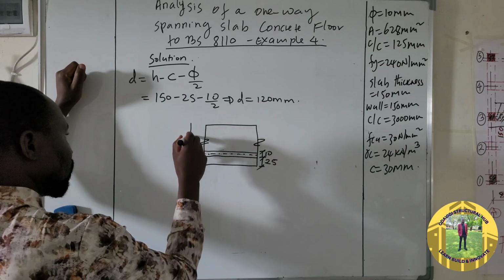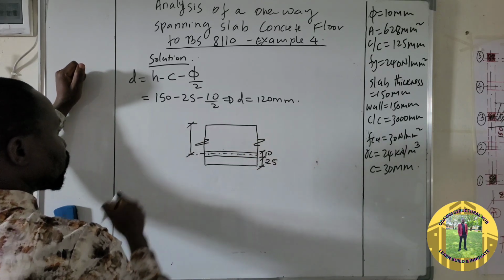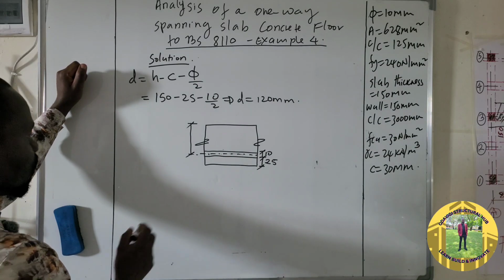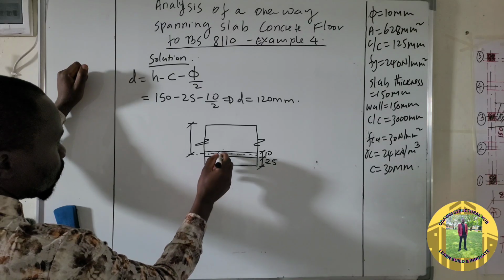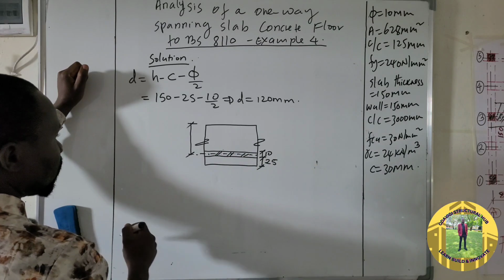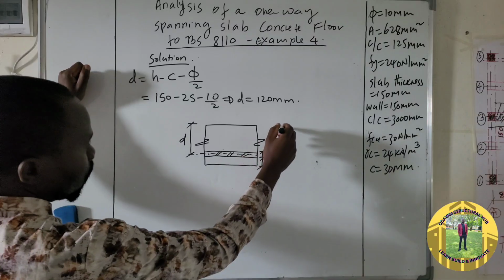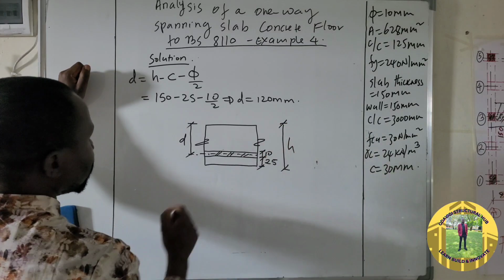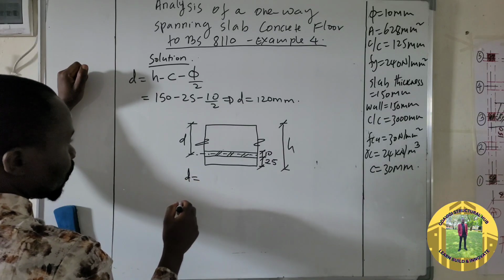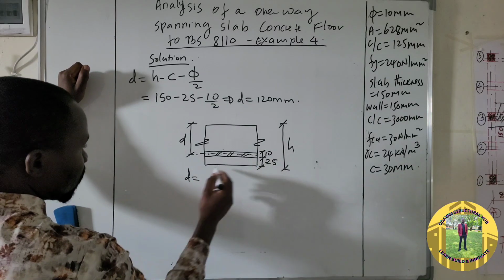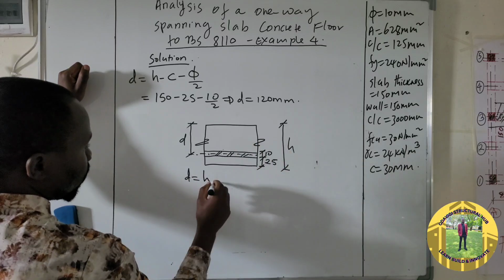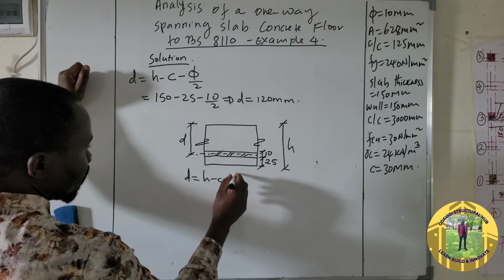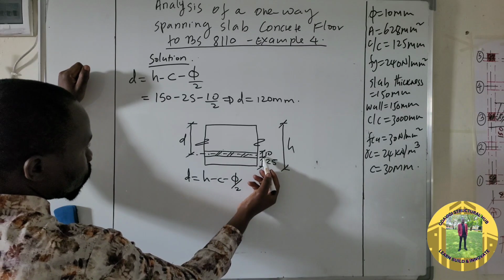So d is this distance from the top of the slab, from the compression side, to the center of this steel. So this is d, and this is h. To get d, it is h minus cover minus diameter divided by 2.